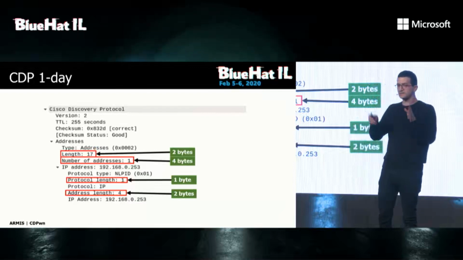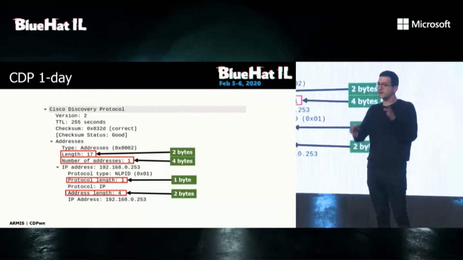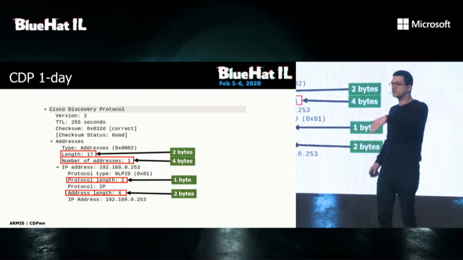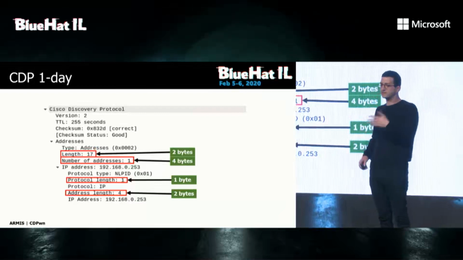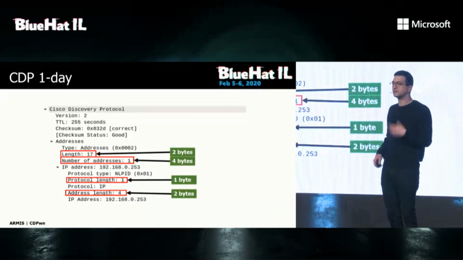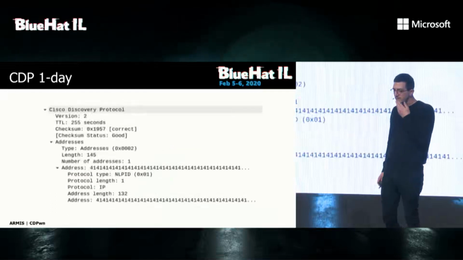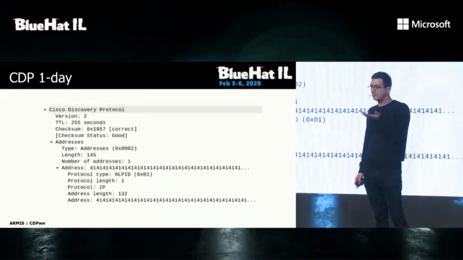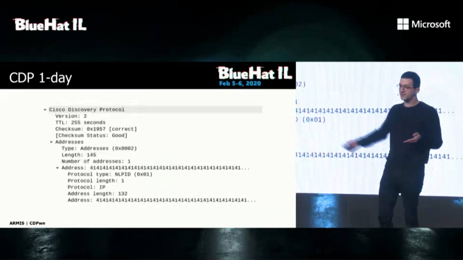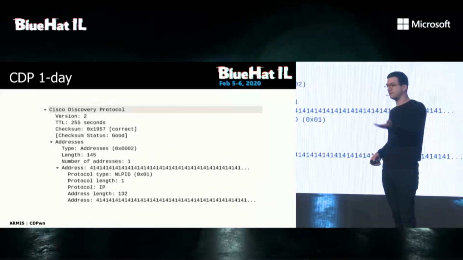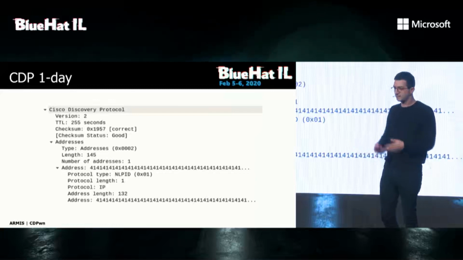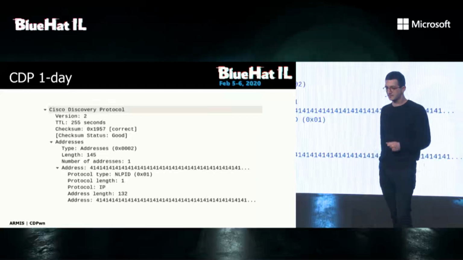But although these addresses have fixed length of either 4 bytes or 16 bytes, there is still also an address length. There is an overcomplication of the structure that looks like it would be difficult to parse. And you would imagine what would happen if an address with this large buffer would be sent, although it's an IPv4 address for some reason with 132 bytes of length.